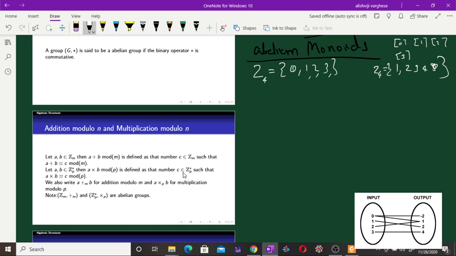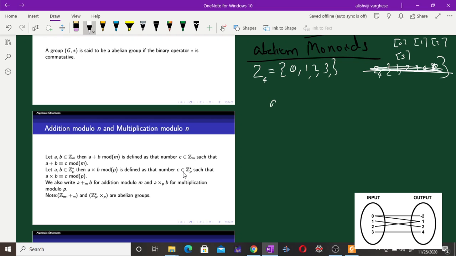Here it is up to 3 only. So Z4 can be represented in these two different ways. Anyway, we are interested in the first representation: Z4 is 0, 1, 2 and 3.